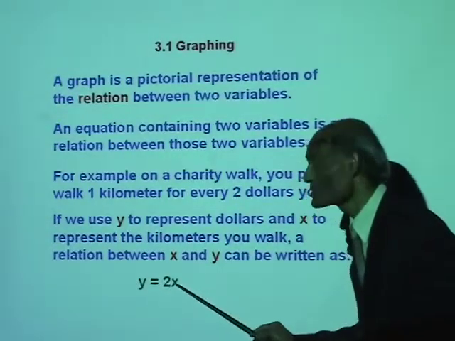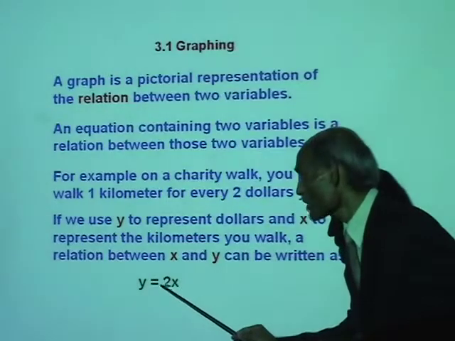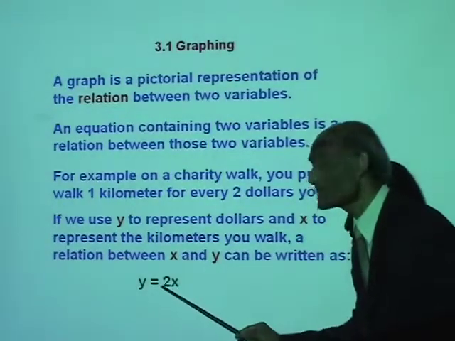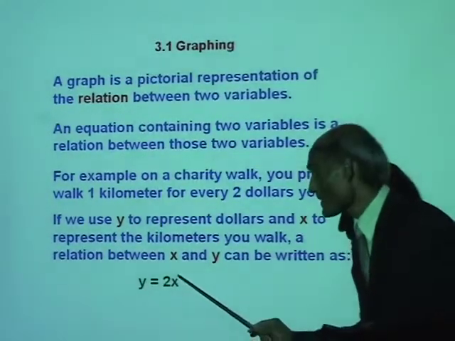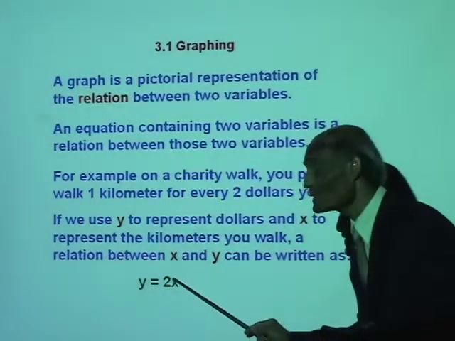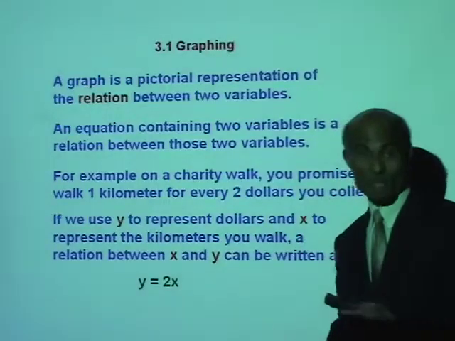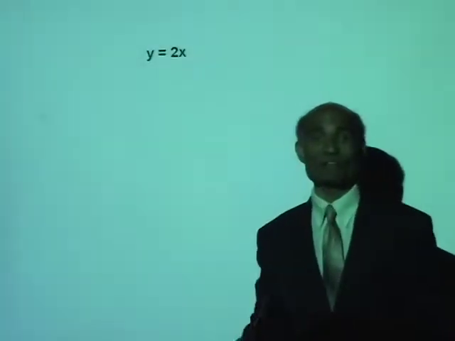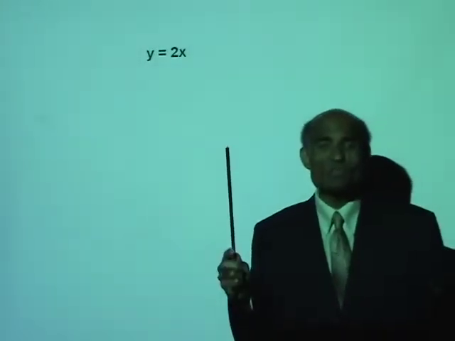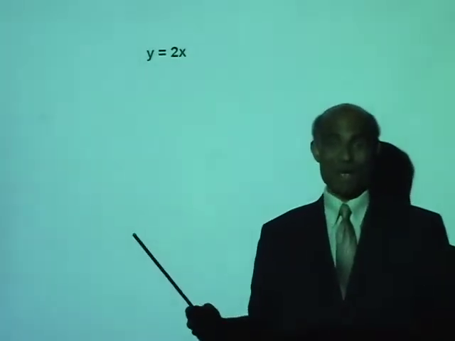Y equal to 2x. For every kilometer she walks, she gets $2. For x kilometers she walks, she gets 2 times x dollars. Is that right? Okay, let's move on. Y equal to 2x is a relation between the two variables x and y.